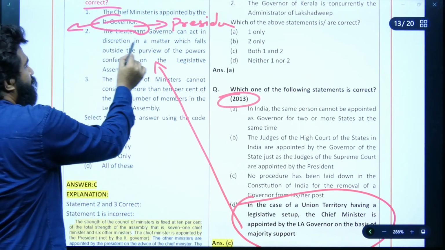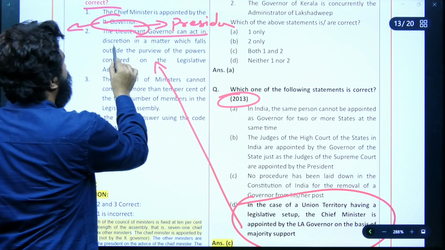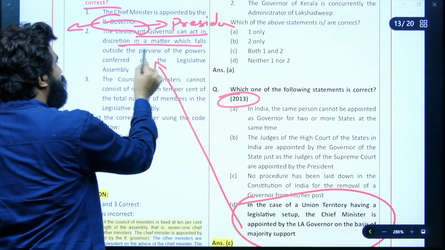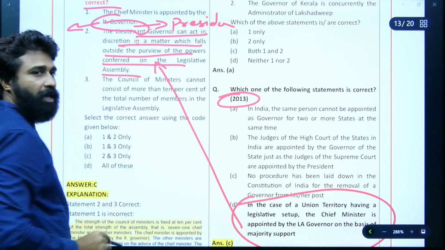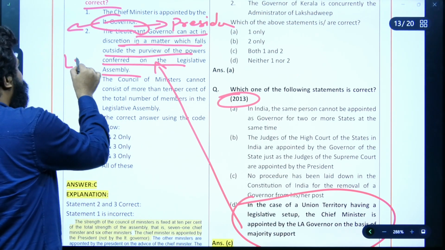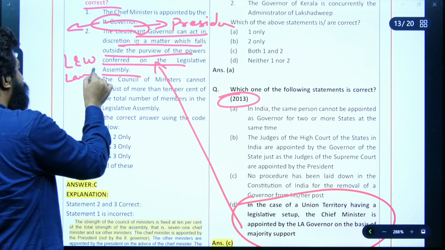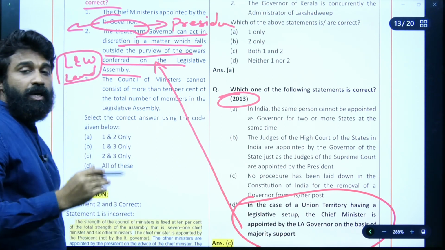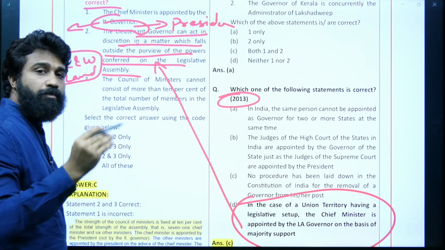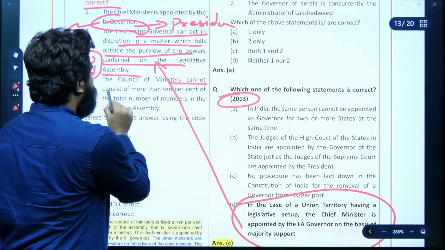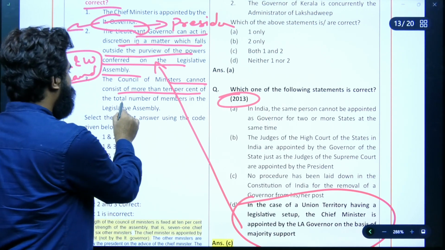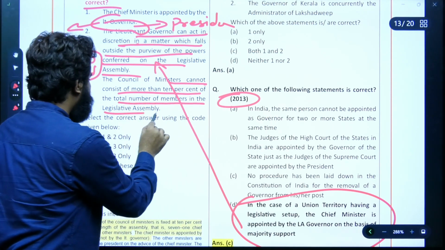The first statement is wrong. The Lieutenant Governor can act in his discretion in a matter which falls outside the purview of powers conferred on the Legislative Assembly, especially land and order; these things can be dealt with by the Lieutenant Governor, being outside the purview of the Legislative Assembly of the National Capital Territory of Delhi. The council of ministers cannot consist of more than 10% of the total number of members in the Legislative Assembly.